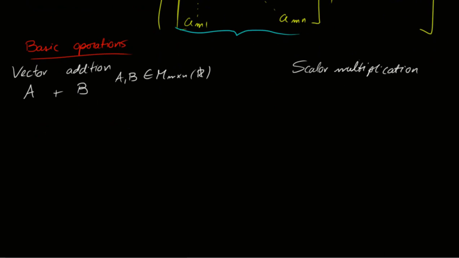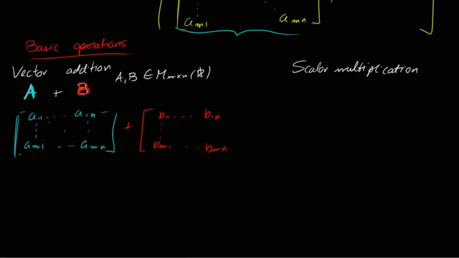So my A is going to look like, let's use blue for my A, A11 through A1n, and down here Am1 through Amn. And then let's use red for my B. So I'll have plus, and then B11 through B1n, and Bm1 through Bmn.